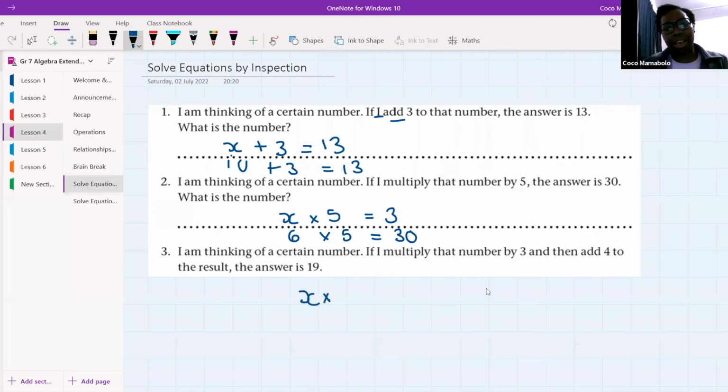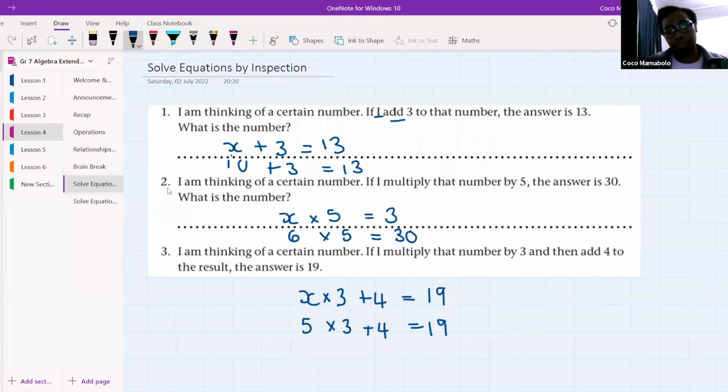I'm going to times it by 3, and then I'm going to add 4, and that is going to give me 19. So think about it a little bit, Bonolo. It wouldn't be 15, because if I put 15 here, I'm going to have 15 times 3. That's already 45. So it's not 15. Yes, the answer is 5. That's 5 times 3, which is 15 plus 4 will give me 19.